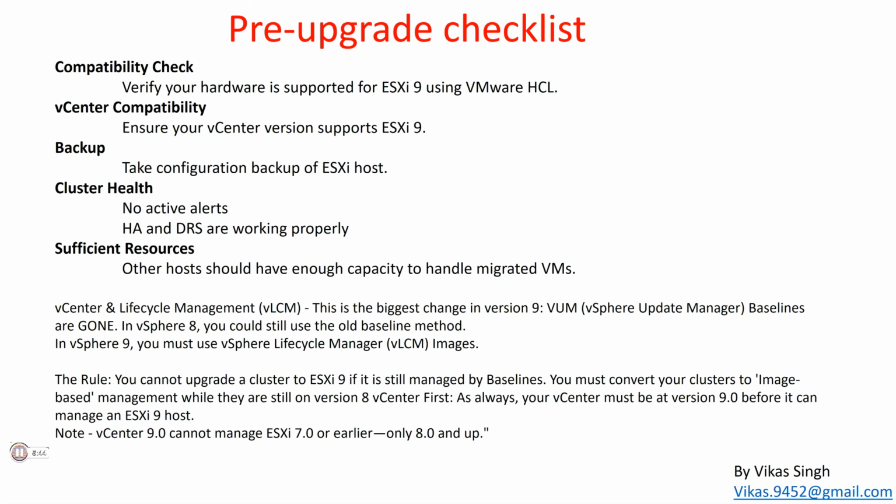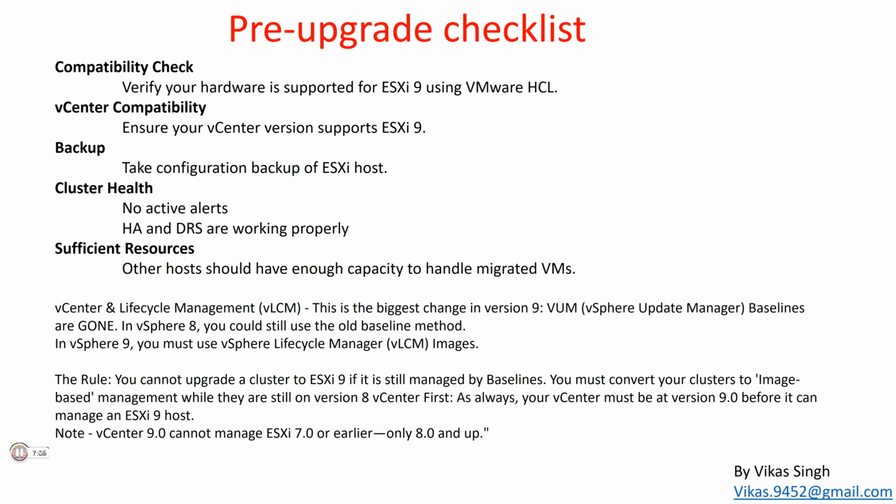Before upgrading the ESXi host, I highly recommend you upgrade your vCenter first, and take a configuration backup of the ESXi host. This is very important. And cluster health: no active alerts, DRS and HA working properly, and sufficient resources. Other hosts should have enough capacity to handle migrated VMs.